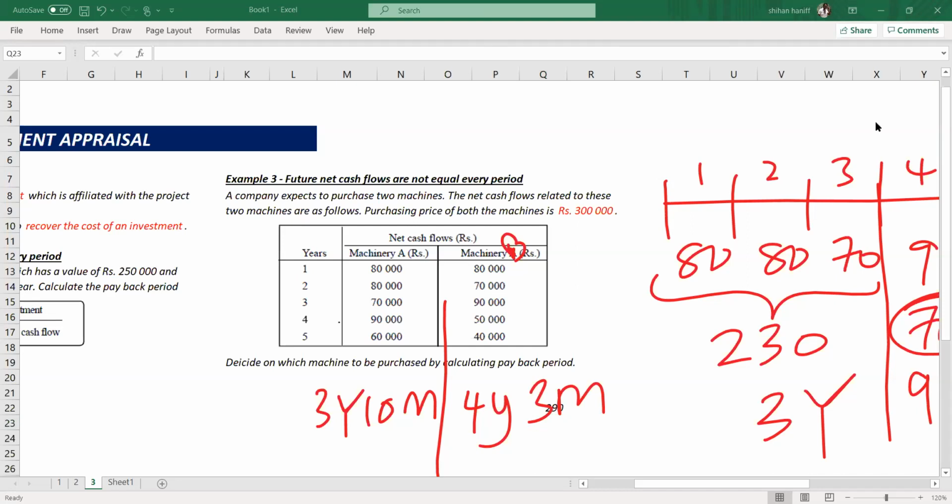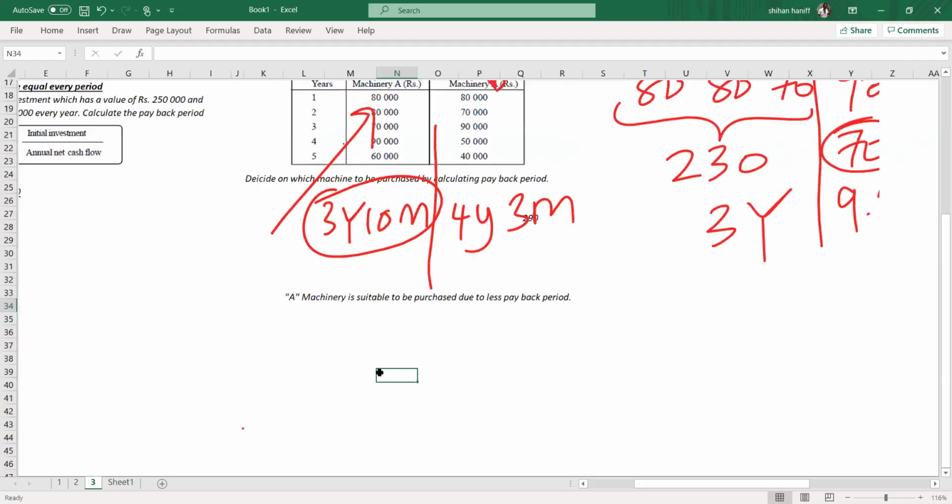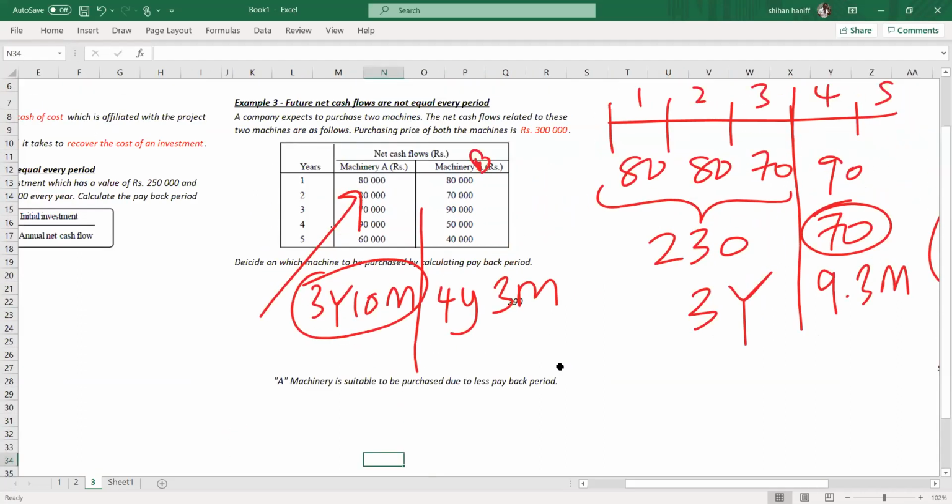Yes, correct. So which machine do you take? You take machine A, because if you purchase machine A, your investment will be recovered faster, due to the lesser payback period. Machinery A is suitable to be purchased.